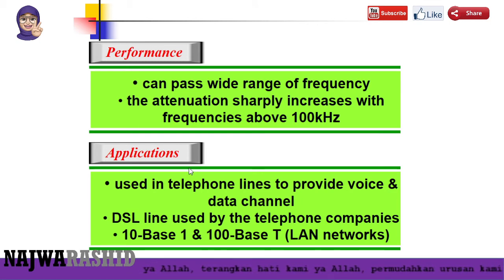We use this cable for the telephone line, DSL used by the telephone companies, 10BaseT and 100BaseT for LAN network. So this is the type and category of the shielded and unshielded twisted pair cable.